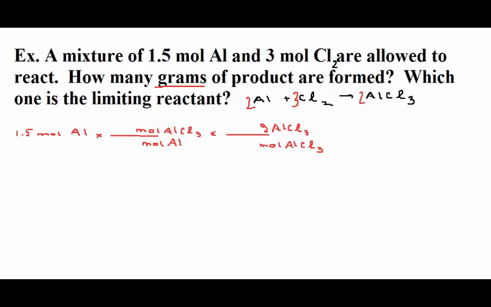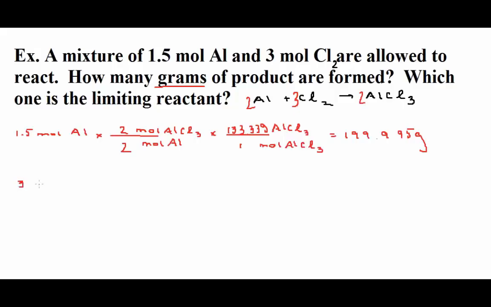So I need to put my mole to mole ratio right here. The coefficient for AlCl3 is a 2, for Al is a 2, and then I need to put the molar mass of aluminum chloride, which is 133.33 grams for every 1 mole. And so the mass of aluminum chloride that's produced is 199.995 grams. And now I'm going to do the exact same thing but for chlorine.